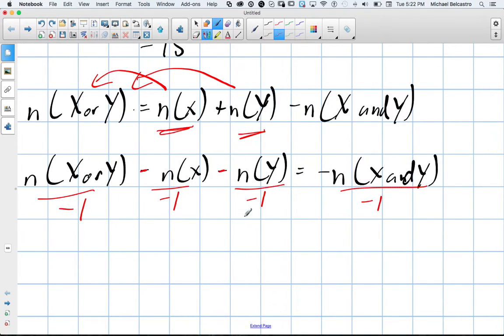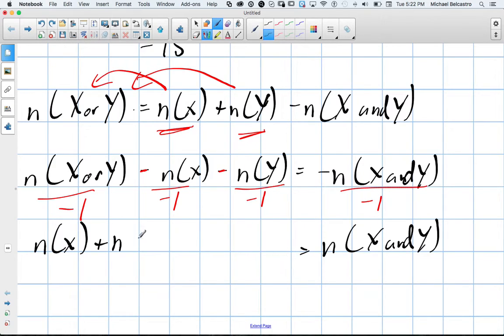And I'm going to rearrange the order of this so it makes a little more sense. This now becomes positive, so we're finding all the units of x and y is equal to all the units of x, which is now positive, plus all the units of y, now positive. But the x or y is now negative, so subtract all the units of x or y.